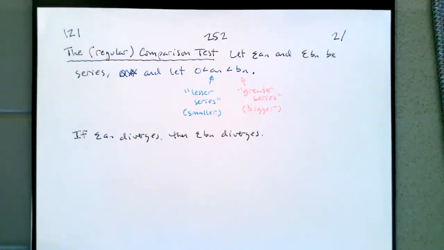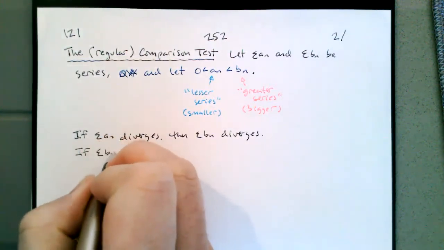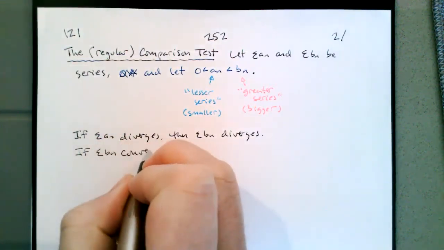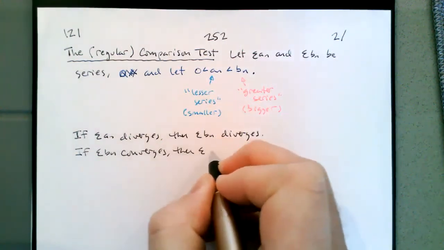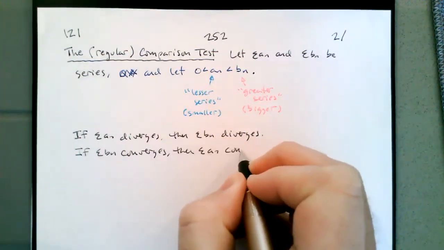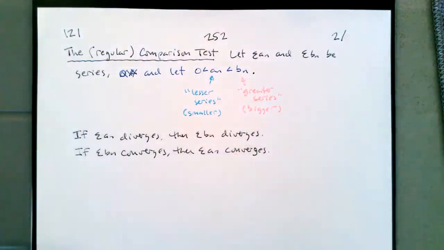The other direction, if the bigger series converges, then the smaller series converges as well. If we add up all the bigger terms and we get a finite value, it's not like we're going to be able to squeeze in infinity underneath that.